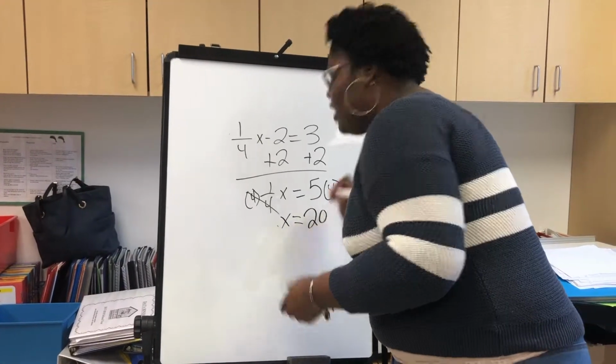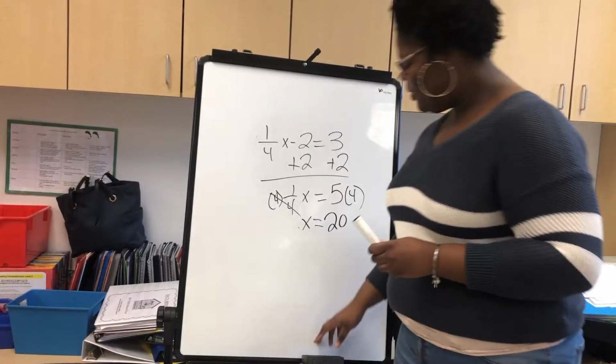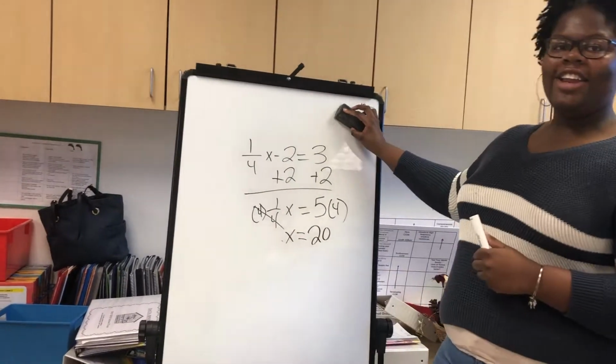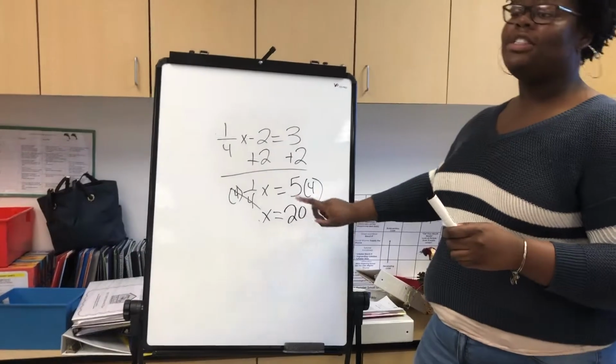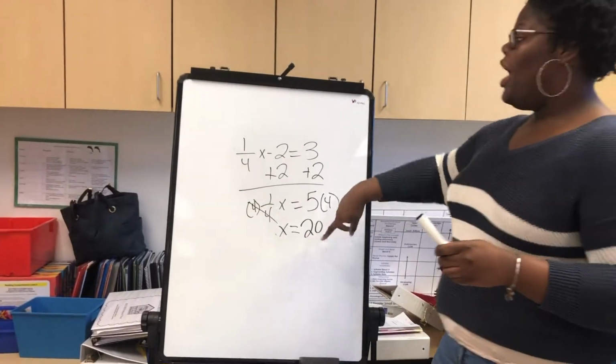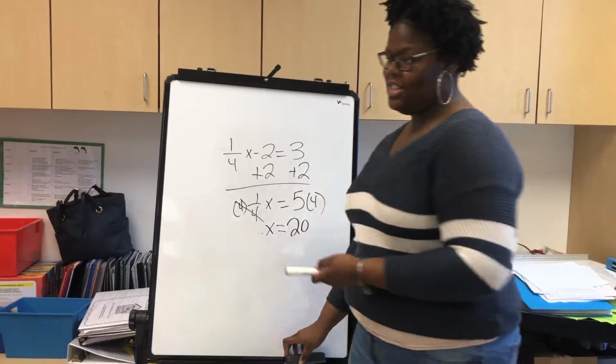Is our variable alone? Yes. Now we've completed our goal. Are there any questions? No, I think I have it. If you're ever doubting yourself, plug your answer back into your original equation, and that will show you if you got the right answer.